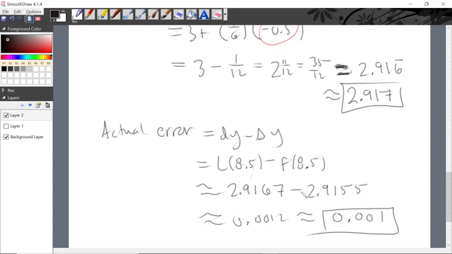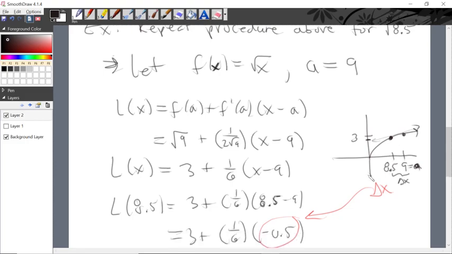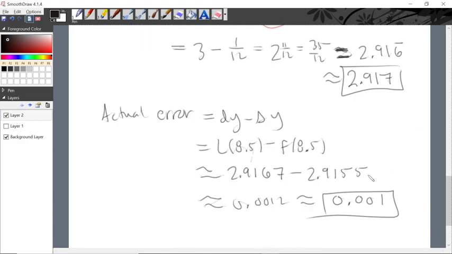And again, we have that our actual error is positive, indicating that this was an overestimate. Again, because of the curvature here, because of how this is curving over, we call this concave down, as we'll see in a couple sections more in depth. Because this is curving over like this, the tangent line is above the function, so we get an overestimate.